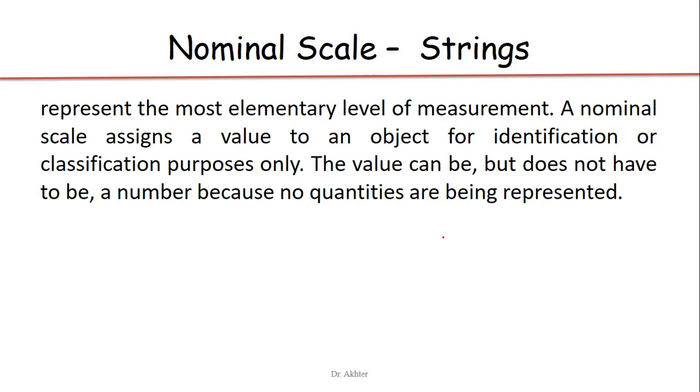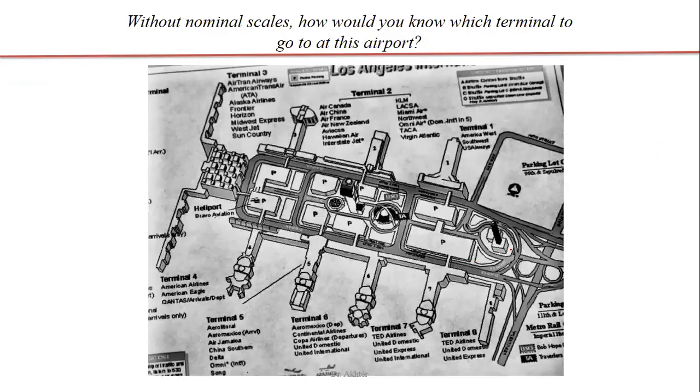Name of the student is a string, ERP number of the student is a string. ERP number is not quantitative, ERP number is nominal. We do not do any sort of calculation on the ERP number, so mostly the CNIC number and the ERP number are to be kept as string numbers.